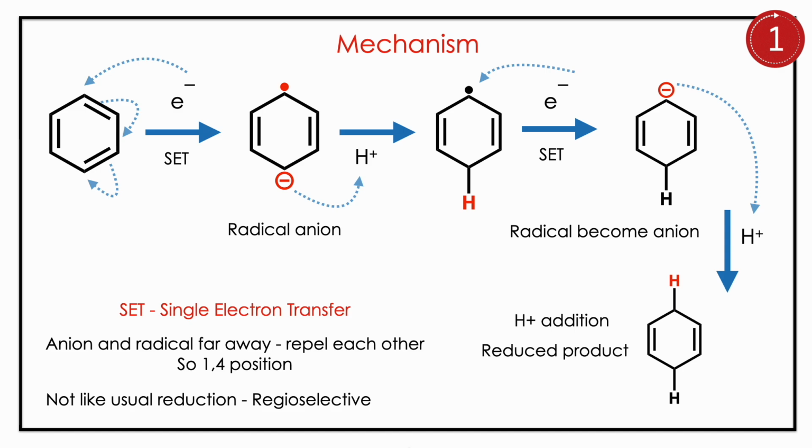That's the 1,4 relation. The anion is quenched with hydrogen, forming the reduction. Then the radical again gains one electron through the SET mechanism and forms an anion again. Then it is quenched with H plus to form the final reduced product. The concept you have to learn from the mechanism is that you are reducing the first carbon and the fourth carbon through the SET mechanism.